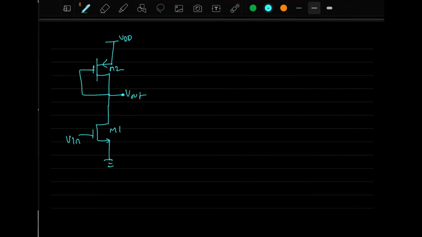My question to you is, can you calculate the internal capacitances of these MOSFETs M1 and M2? I want to know which capacitances will be effective here, and which capacitances will not be effective here.